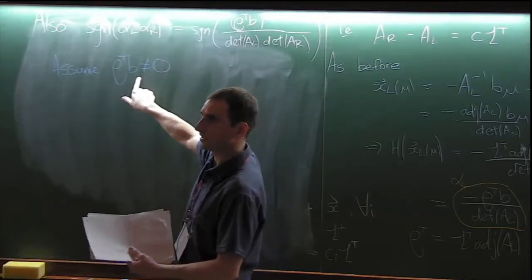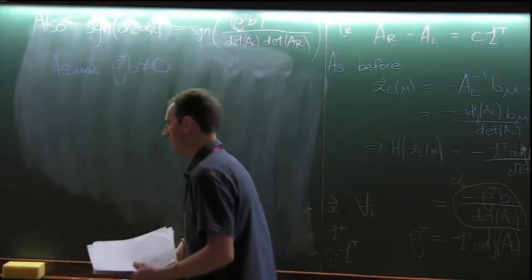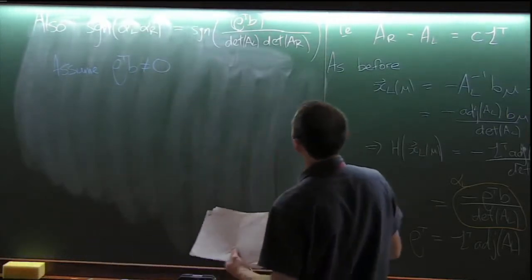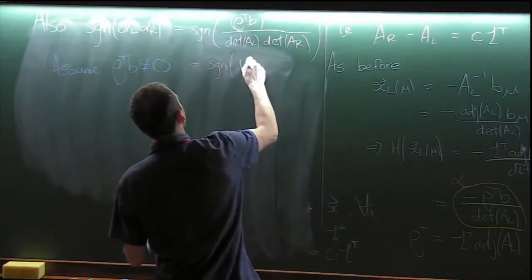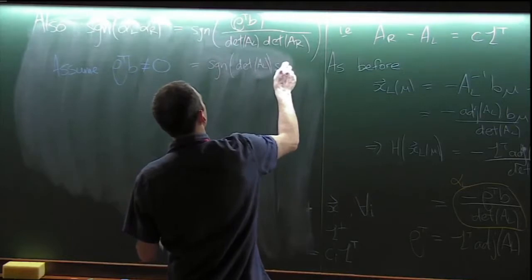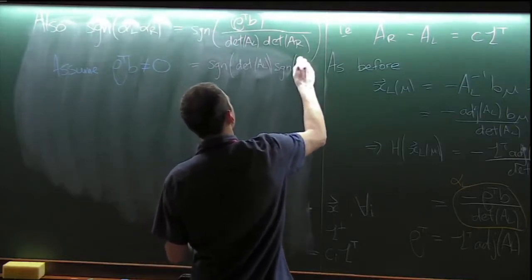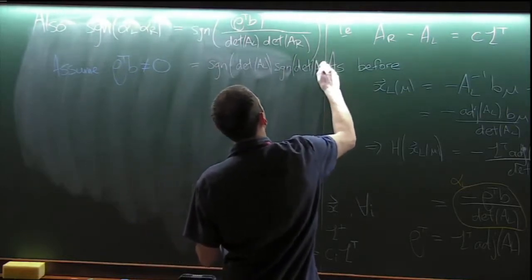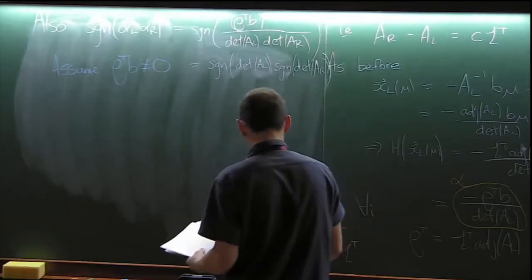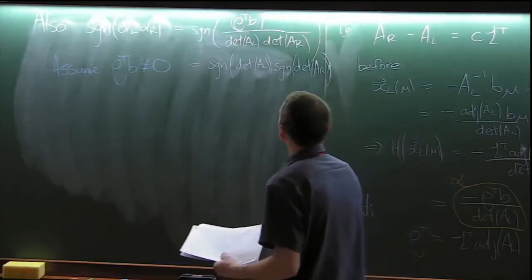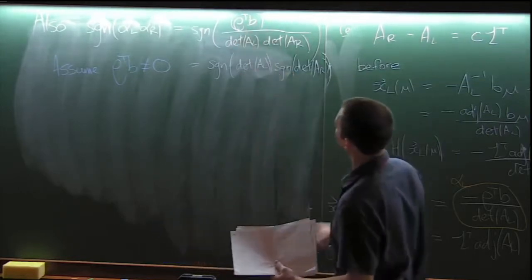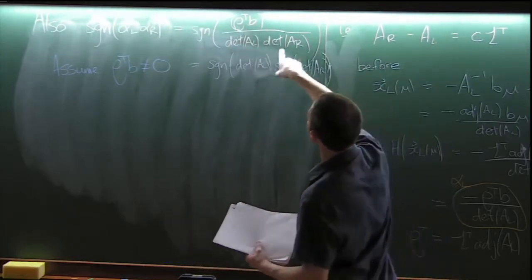This is our assumption. That's our transversality condition for the bifurcation. So the rho transpose B doesn't do anything here.